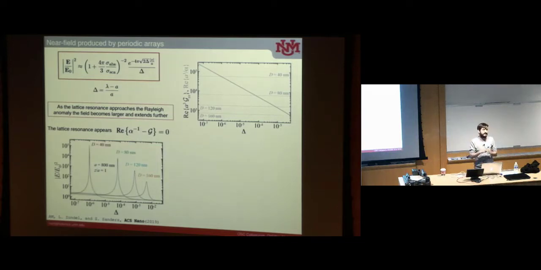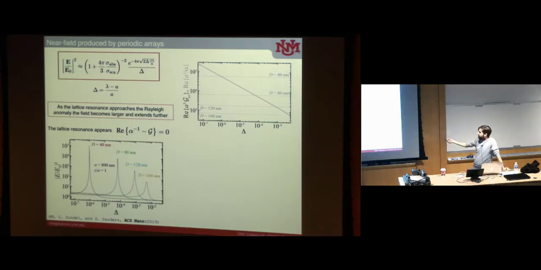And look, this is the field averaged on a plane. In plasmonics we are used to seeing very strong fields close to the particles, as I showed you at the beginning. This field is calculated one period away. It's essentially one wavelength away from the array, and it's averaged over the plane. Okay, it's not a hot spot, and still you can make it like 10 to the 5.